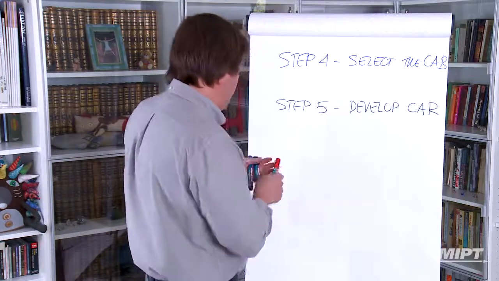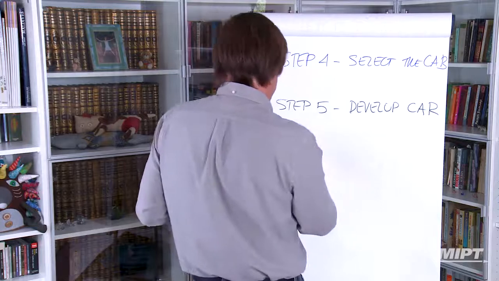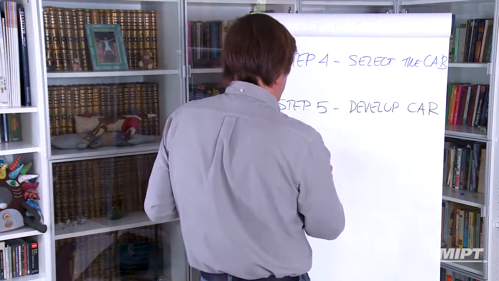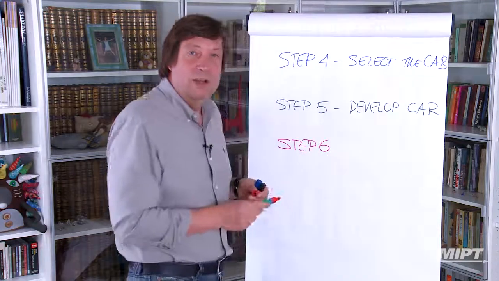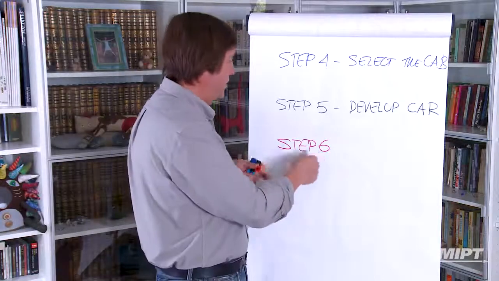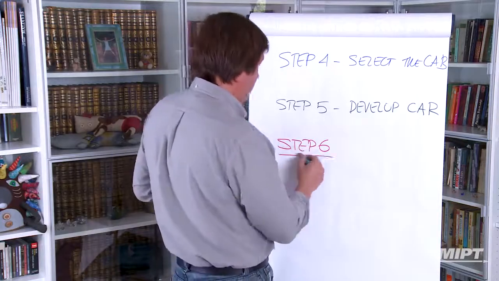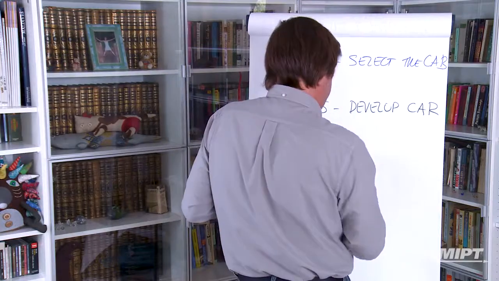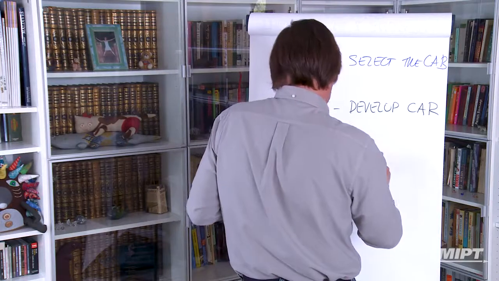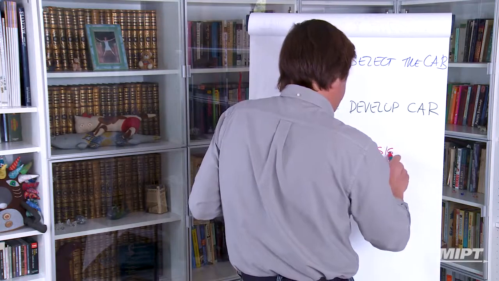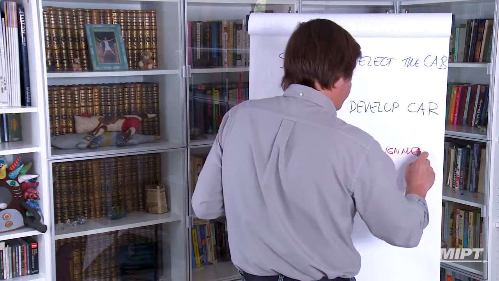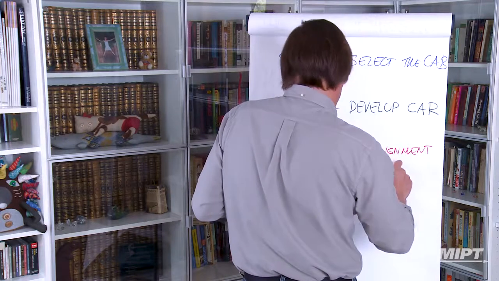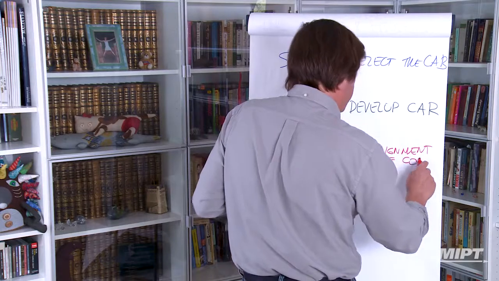rate. And now comes, I will put it in red, this is step 6, which is so comprehensive and time consuming that I sort of wanted to emphasize that. And this is assignment of costs.